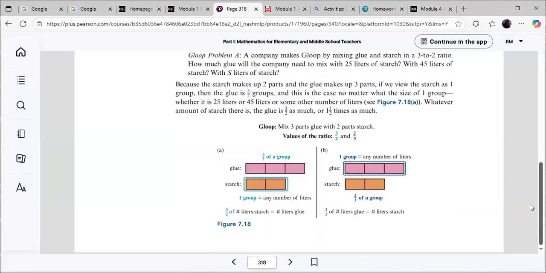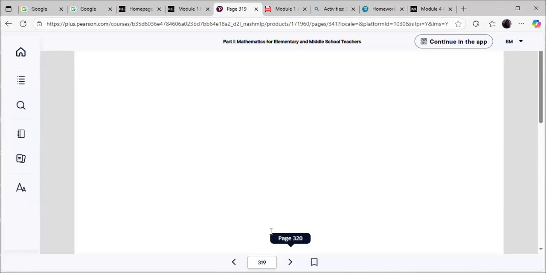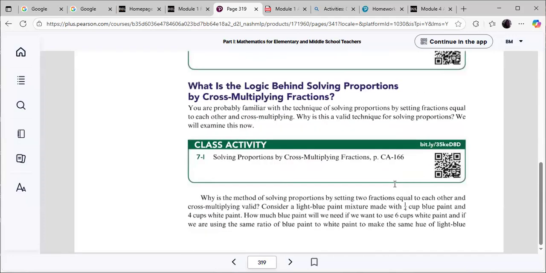So as you're going through, you're going to be looking at how they work these activities or work these problems using strip diagrams and tables, ratio tables.